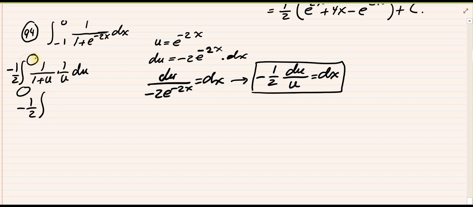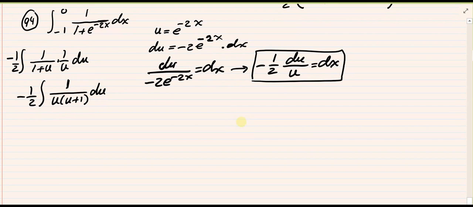I know the limits of integration are going to change, but because I'm not going to finish it this way, I won't bother with that. Now at this point, the integrand is in the form 1 over u plus 1. How am I going to integrate this type of integrand?